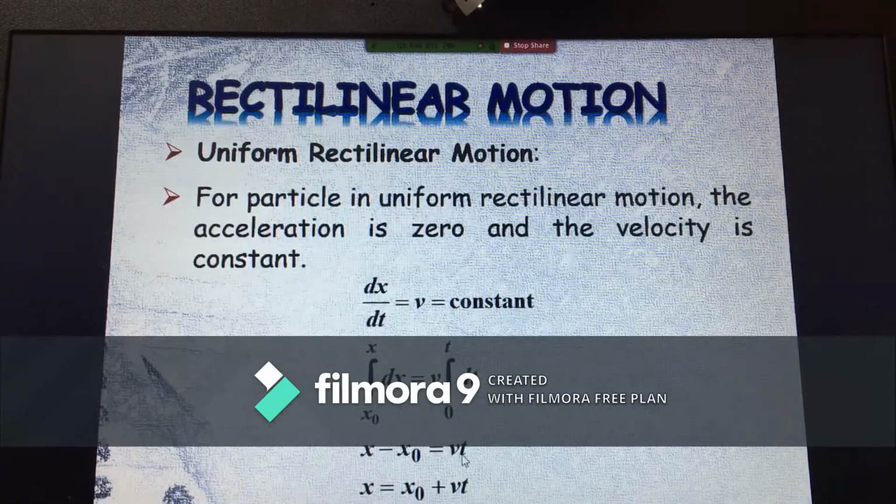So we have vt. Therefore we now have the equation for the distance traveled by a particle in uniform rectilinear motion: x equal to x sub 0 plus vt. So remember this formula, class.